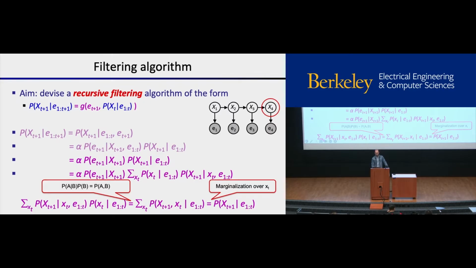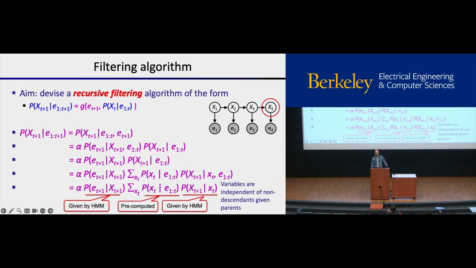And then going from here to there, we're just marginalizing over all of the values that xt could take. If you're thinking about the probability that it's rainy, that's going to be the probability that it's rainy and hot, plus the probability that it's rainy and cold. So we're just summing out this other variable, and now we get this. This step is going backwards from here to there. And now this is the only thing that changes.